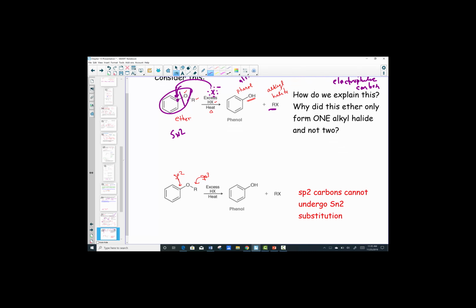So sp2 carbons cannot undergo the SN2 substitution. So you stop with the alcohol and then one alkyl halide. Just as a reminder, as you're cleaving the bonds, make sure to check that to form the alkyl halide, it must have an sp3 hybridized carbon to do so.